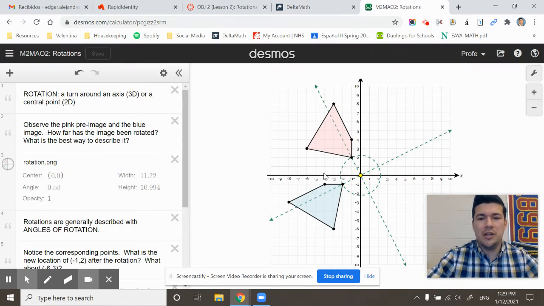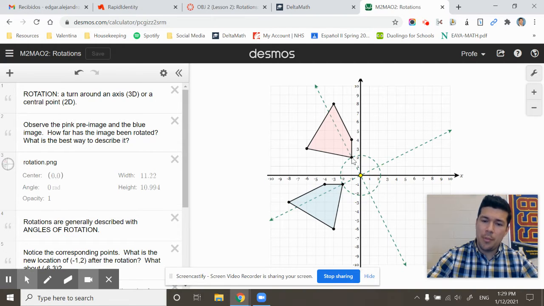All right, so let's take a look at how you can visualize a rotation. The first thing is you can visualize the center of a circle being at 0, 0, and the radius of that circle touching any of your points on the pink pre-image. Then you can imagine a line from the point on your pre-image to the center of the circle.